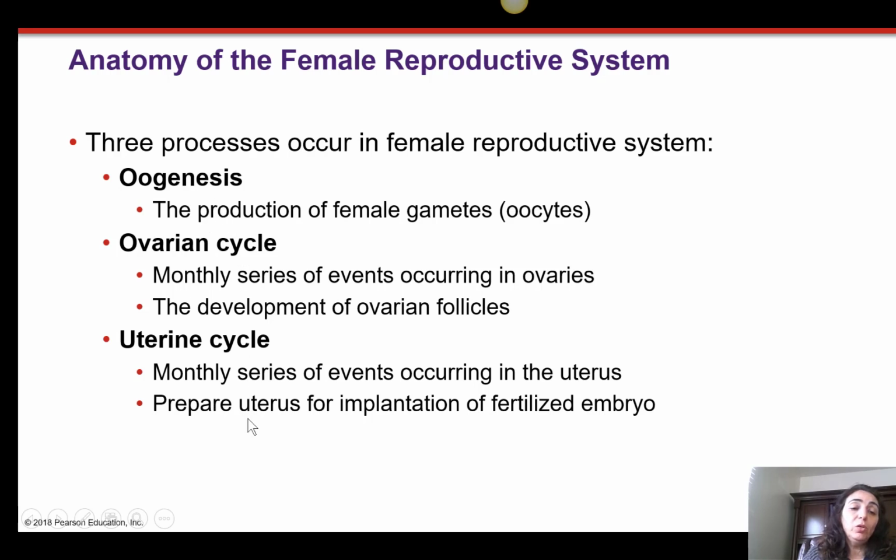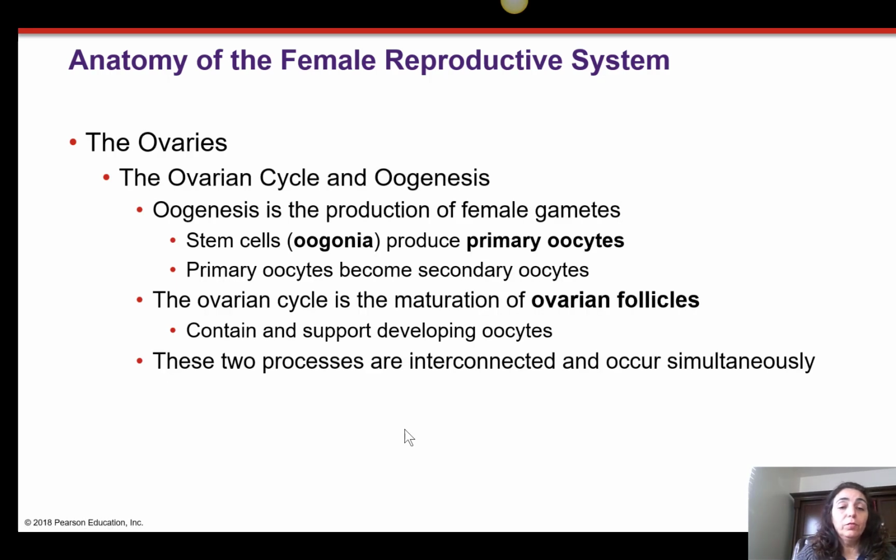All these monthly things that we see provide a proper environment inside the uterus so that the zygote can get into what we call implantation of the fertilized zygote, right? So, the ovarian cycle and oogenesis.